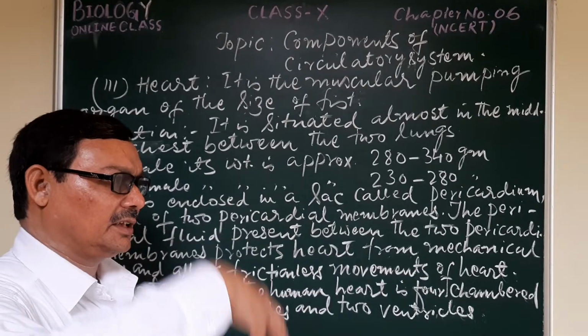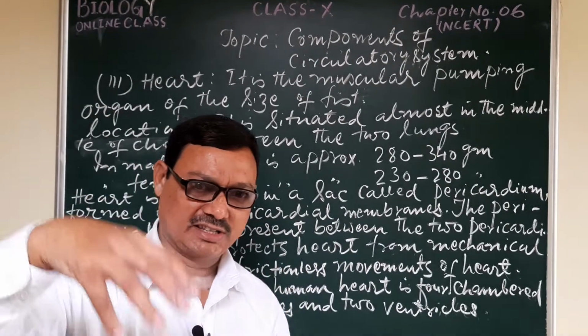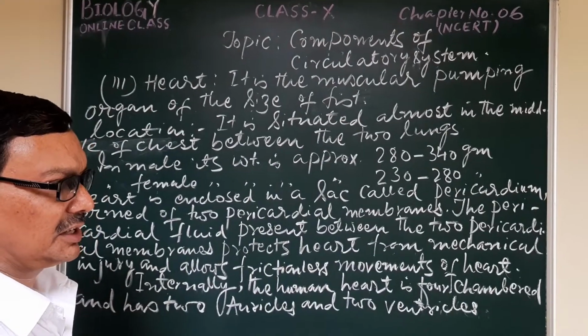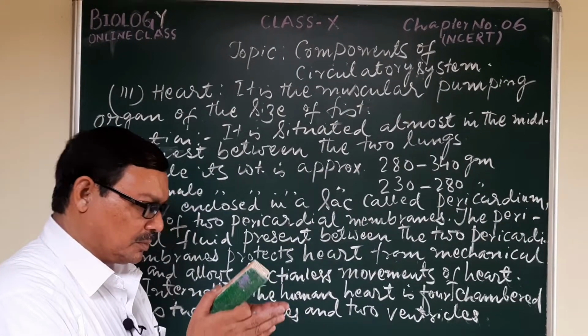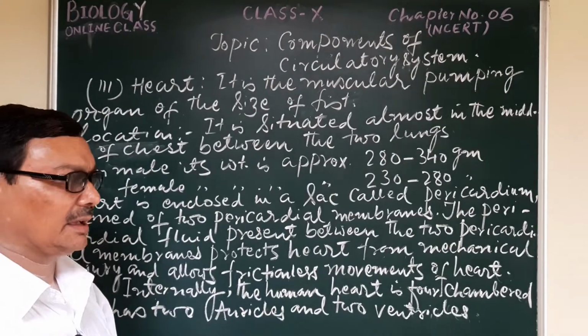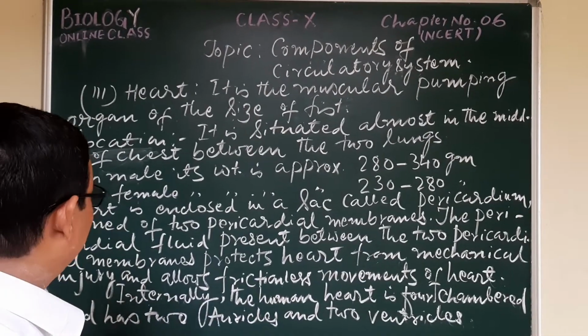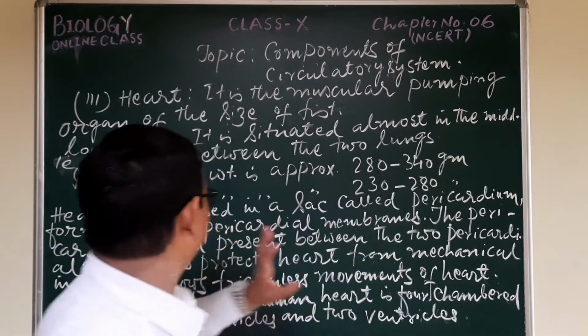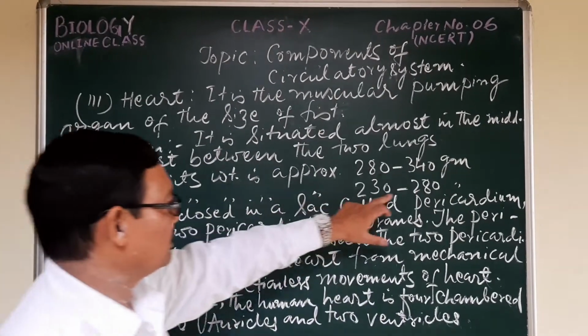This is also known as the thoracic cage. The thoracic cavity is partitioned from the abdominal cavity by the diaphragm, and the weight of the heart in the male is 280 to 340 gram and in the female 230 to 280 gram.